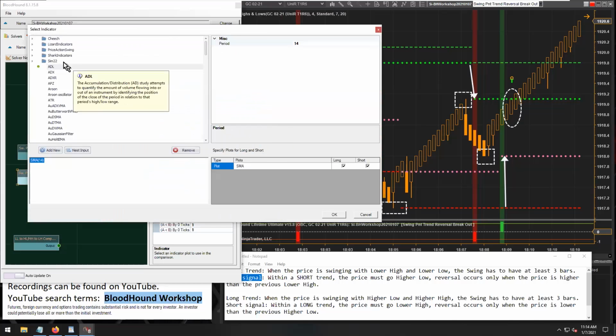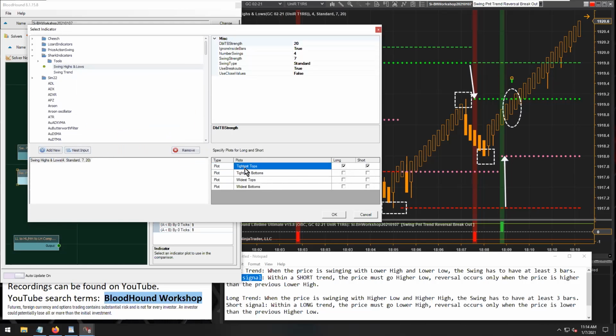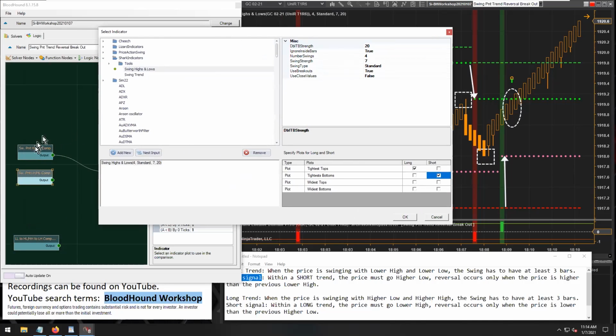Let's go through here and quickly set these up. Now the widest tops is going to give me a long output, and the widest bottoms will give me a short output, right? So I'm simply reversing the plots. In the solver above, we had the plots selected like this, and now we're just reversing the plot selection like that.